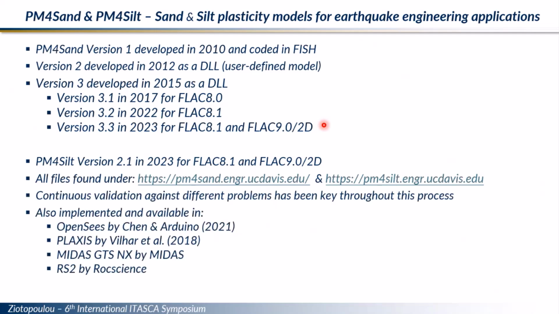Continuous validation has been key throughout this process, and we would have to acknowledge that these models have now been implemented in other platforms, which allows us to vet them against each other, have more tools to capture uncertainty, and provide more options for people to do their work out there. But I will point out that we have not been involved in the implementation in these platforms, so I cannot speak to them.